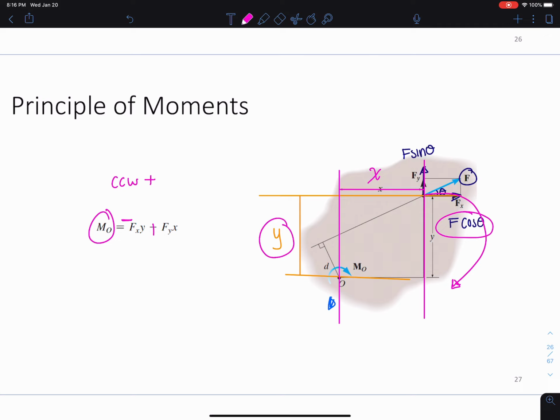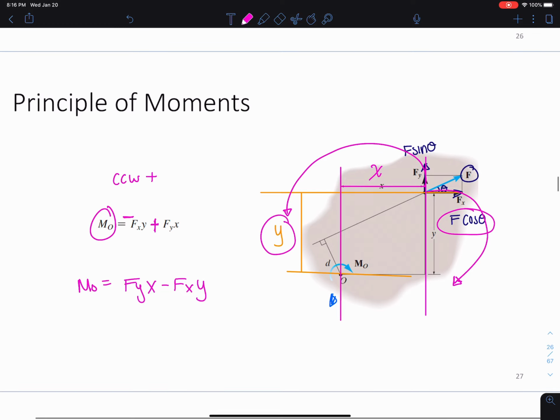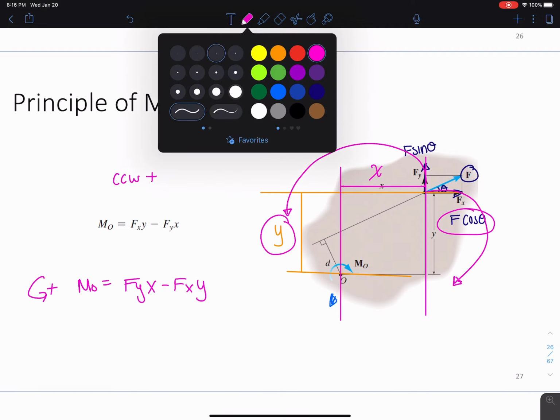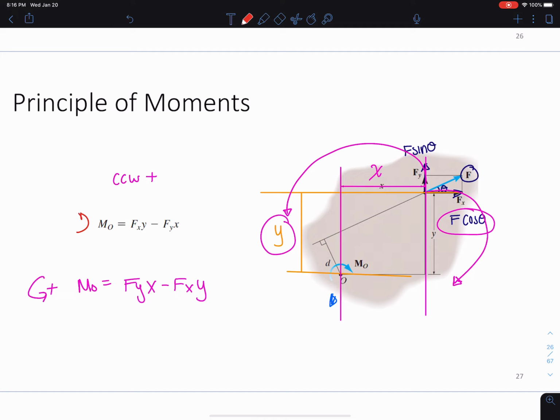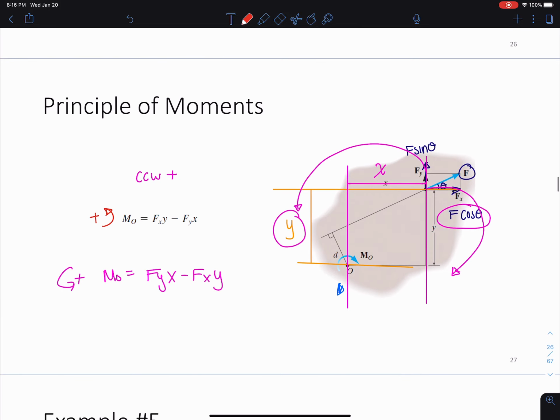The Fy here would be the counterclockwise. There we go. So we actually have MO equals Fy x minus Fx y, and this is if counterclockwise is positive. Okay, this here would be if clockwise is positive. So either way you write it is totally fine. Just make sure you specify which direction you're assuming is positive.